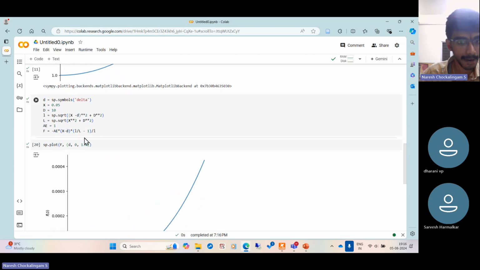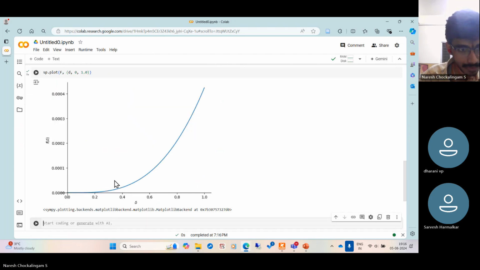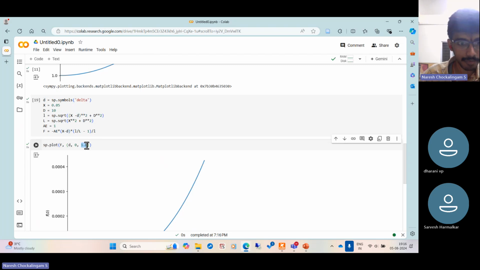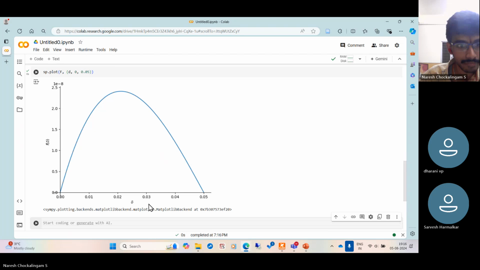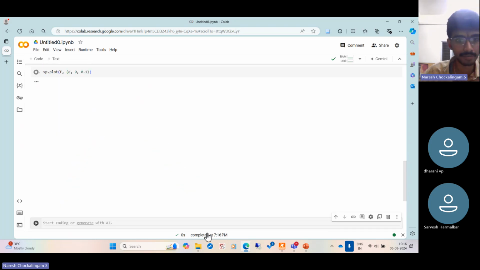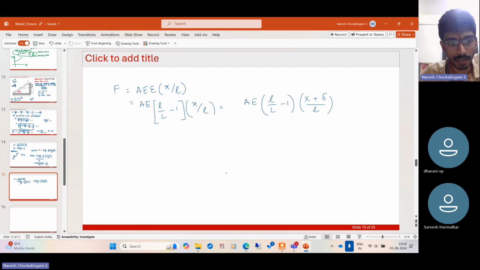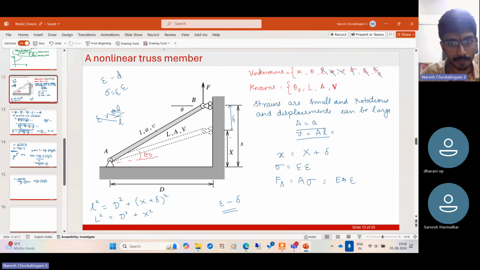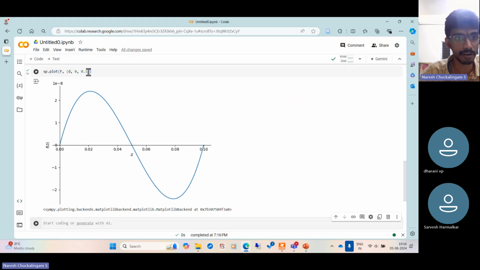So let's take smaller and smaller values, say 0.05. Yeah. So let me plot it up to a value of 0.1. Okay, I shouldn't have plotted up to 1, right? So it's a plotting issue. The expressions were right. There was no issue with this. So this height is initially 0.05. So I should have only plotted up to 0.05 in the negative direction. So let me plot it up to 0.125.